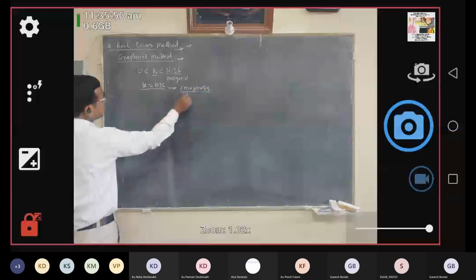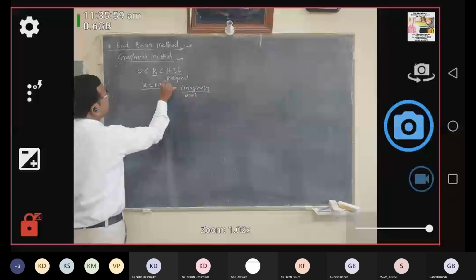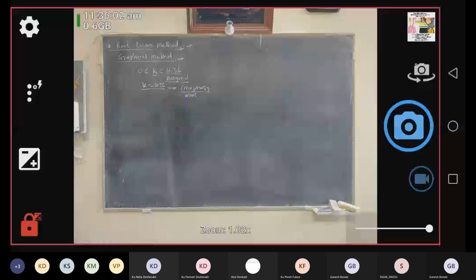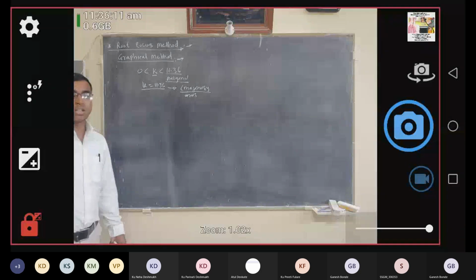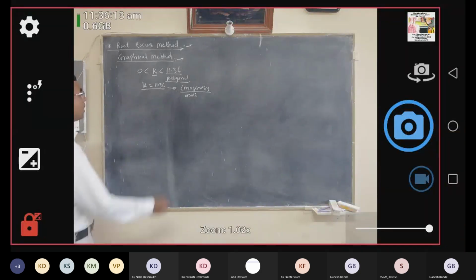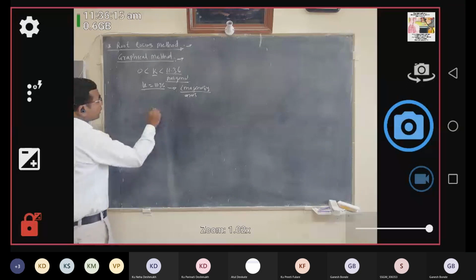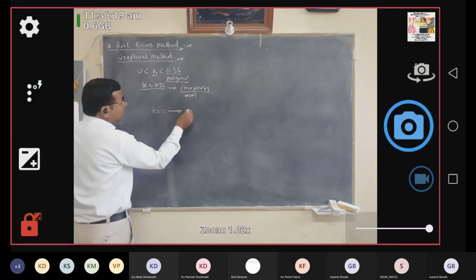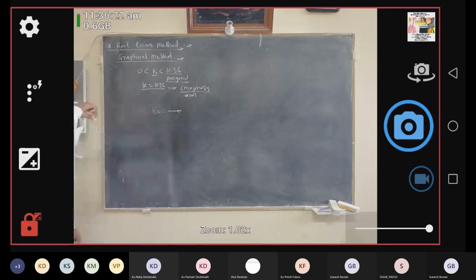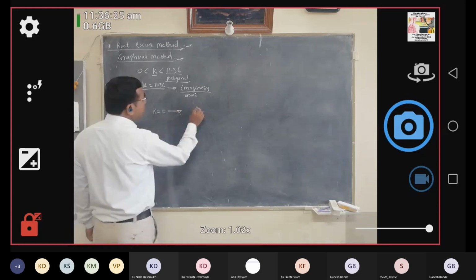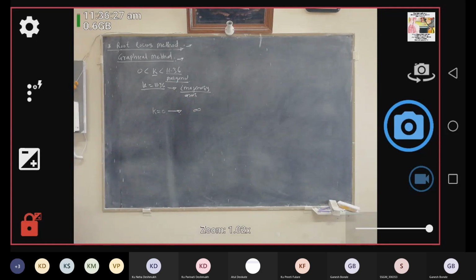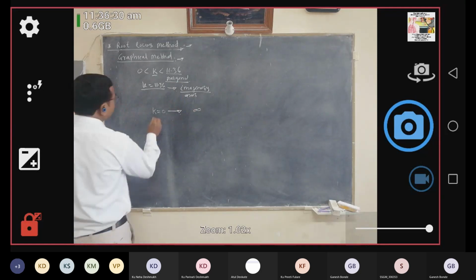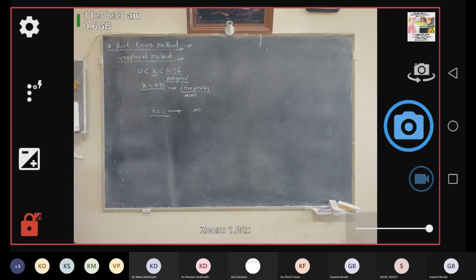The root locus always starts at k equal to 0 at the open loop poles, and it may terminate either on the open loop zeros or at infinity. That is the actual meaning of root locus.